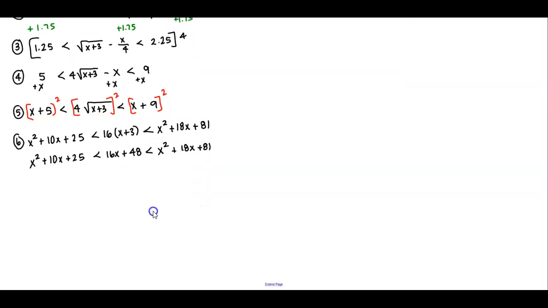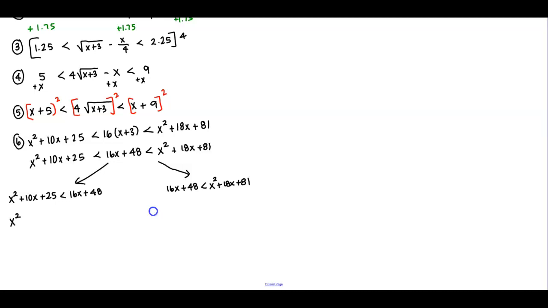Okay, so what does this tell us? Well, we can now break this up into two inequalities. We have x squared plus 10x plus 25, which is less than 16x plus 48. And over here we have 16x plus 48, which is less than x squared plus 18x plus 81. So on the left, we're going to get x squared.